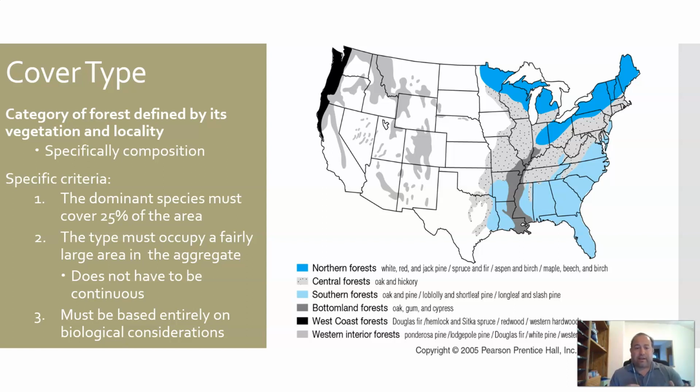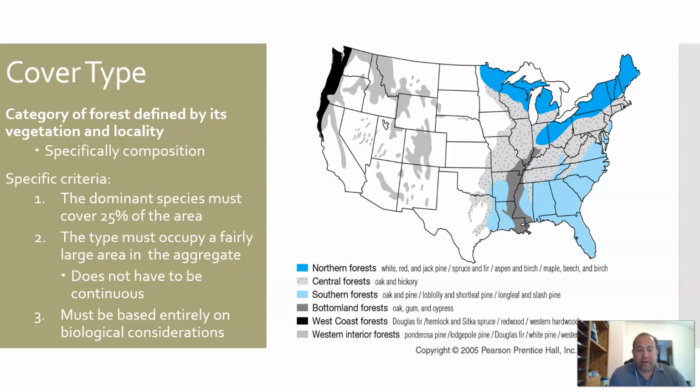The second part of this is that it has to occupy a fairly large area in the aggregate. So it doesn't have to be continuous. You don't have to look at it and say, okay, there is a quarter of continuous trees of that species. It can be little bits here and little bits there, but as long as it makes up about a quarter of the forest, then it's a dominant species.